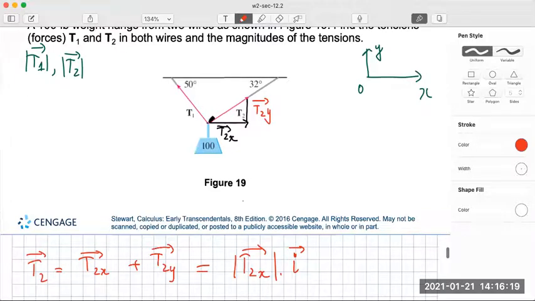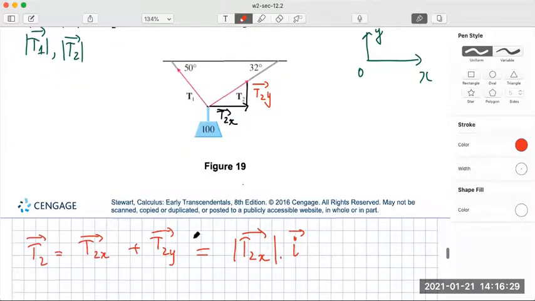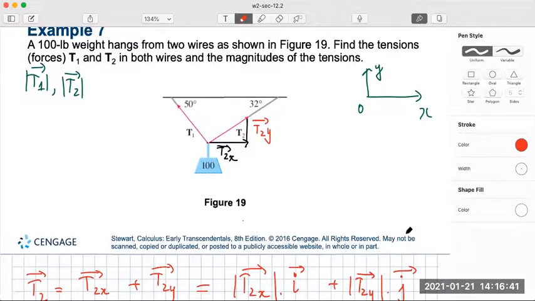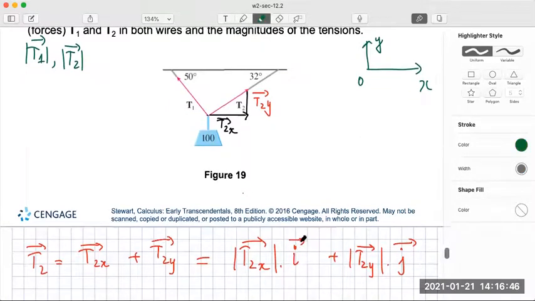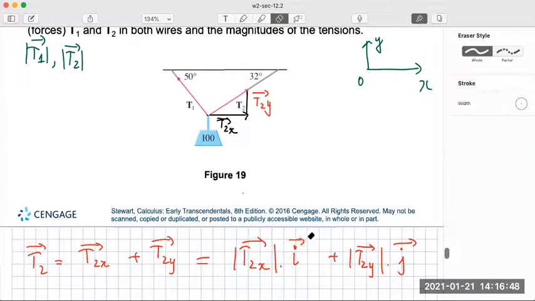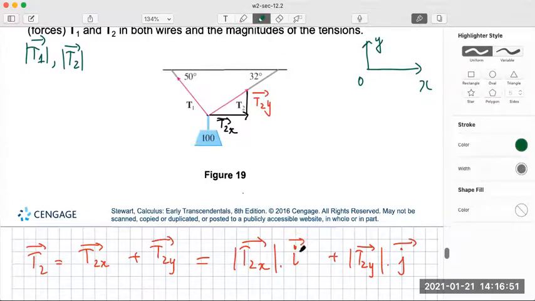So it is the length of this in the direction I here. Are we okay with that? And T2y is in the j direction. We break this T2 vector into two terms. The first term is in the I direction. The second term is in the j direction.